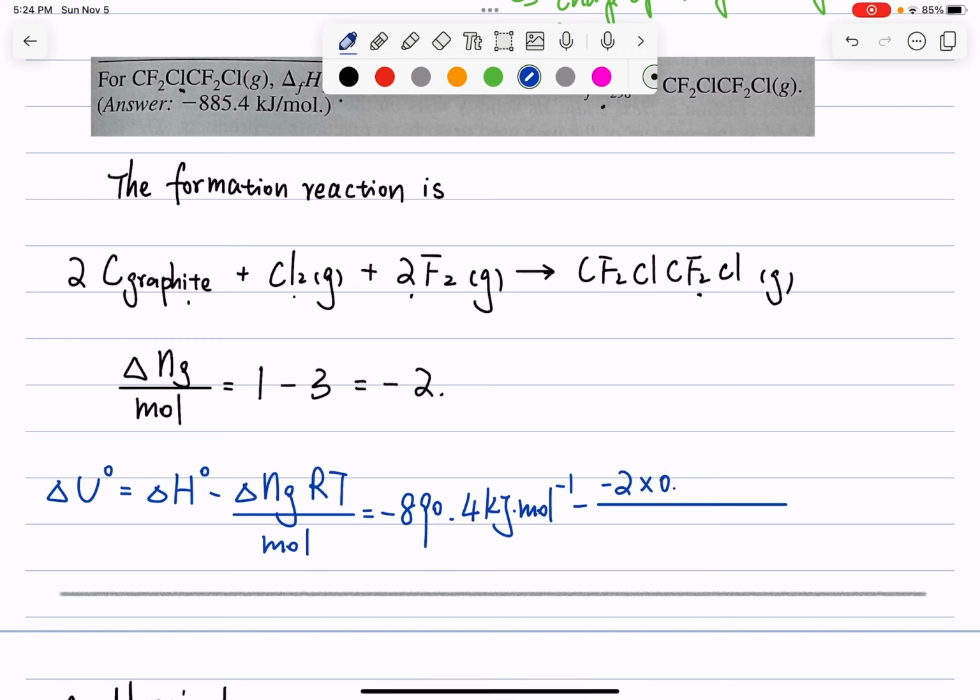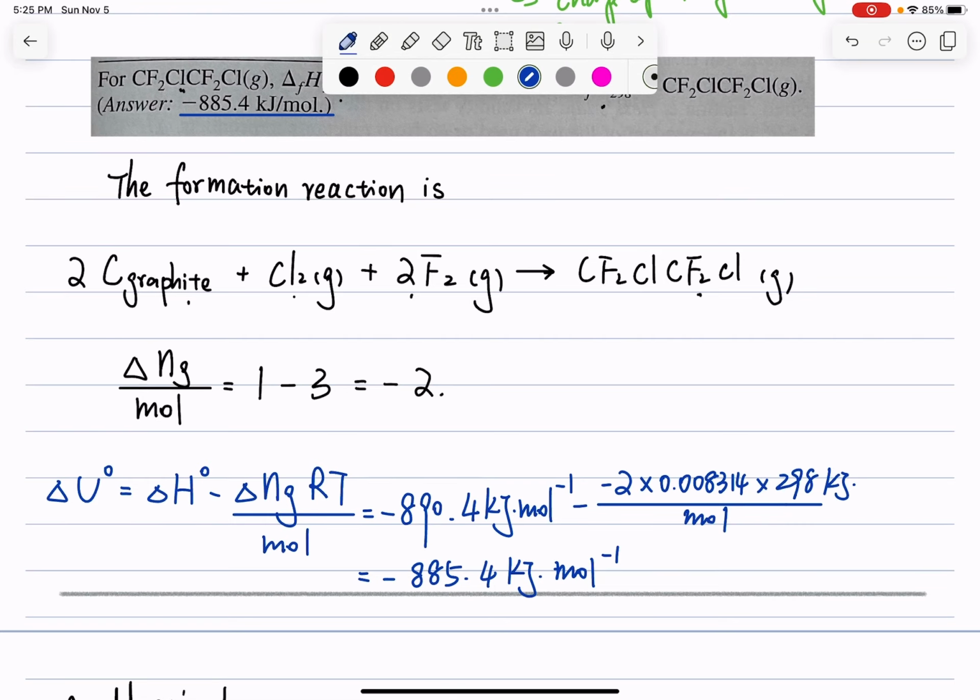If we're using the same R here in kilojoules per mole, on the top we have kilojoules per mole. You do that calculation, you end up getting negative 885.4 kilojoules per mole, which is the same answer here.